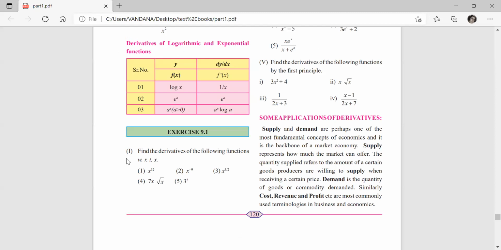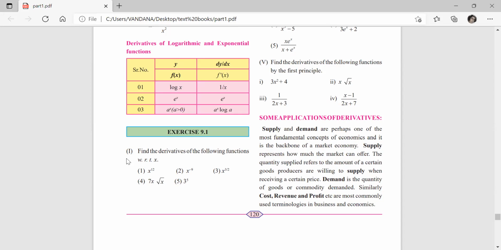Demand and supply are perhaps one of the most fundamental concepts of economics, and it is the backbone of the market. I told you the other day that demand and supply both are market indicators, and the point where they intersect, that becomes the market price.